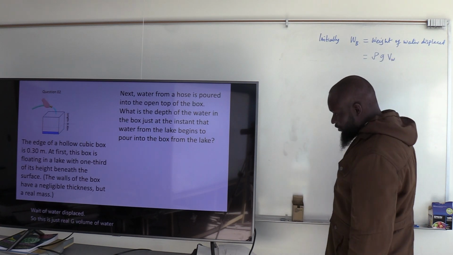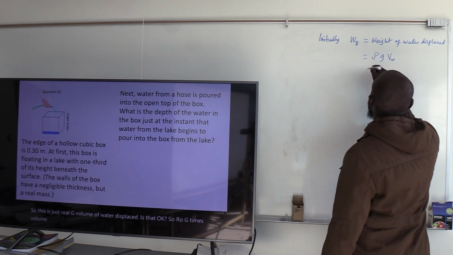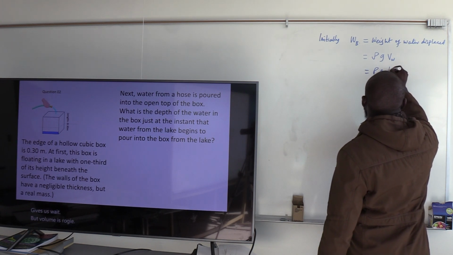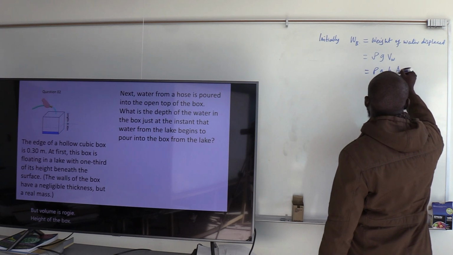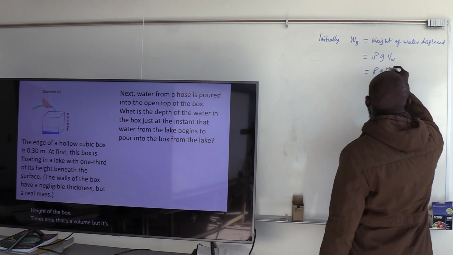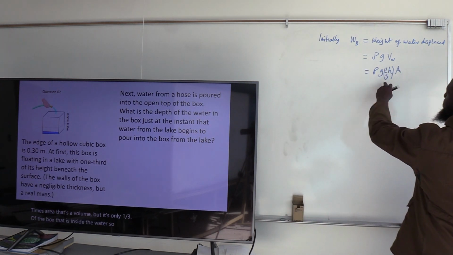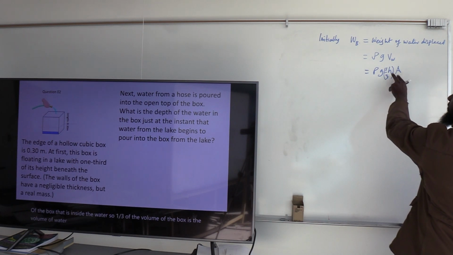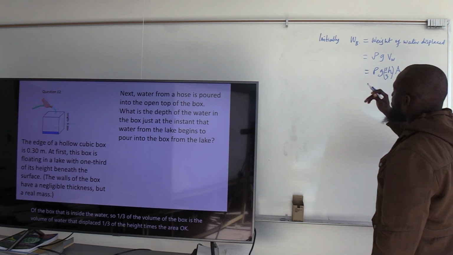The volume is the height of the box times the area, but only 1/3 of the box is inside the water. So 1/3 of the volume of the box is the volume of water that's displaced: 1/3 of the height times the area. Okay, so this is the weight of box.